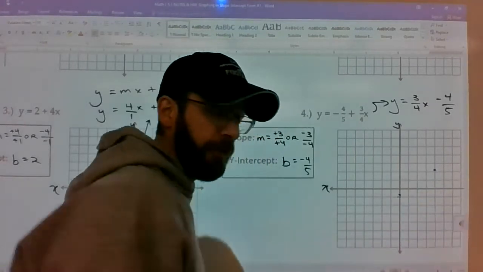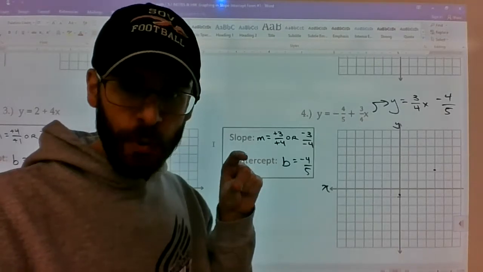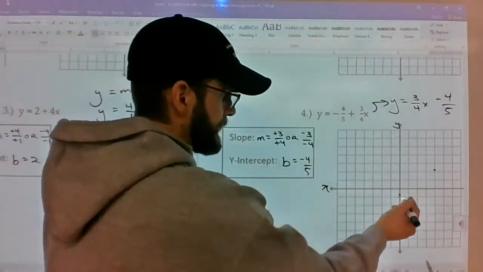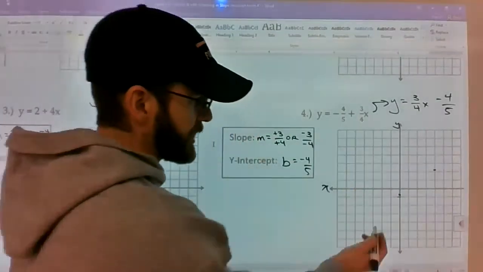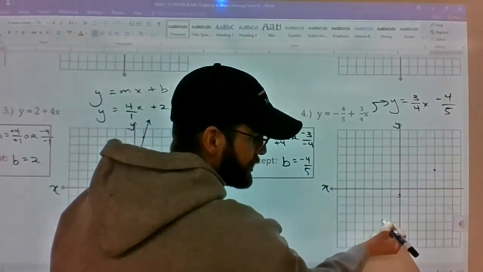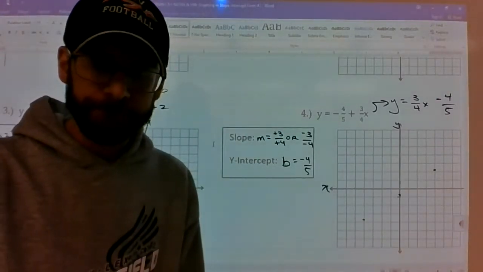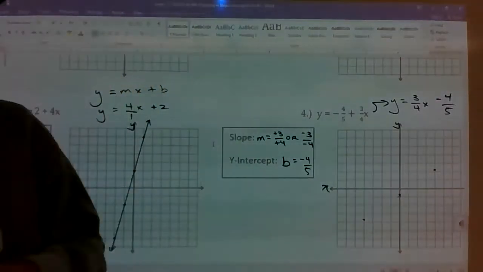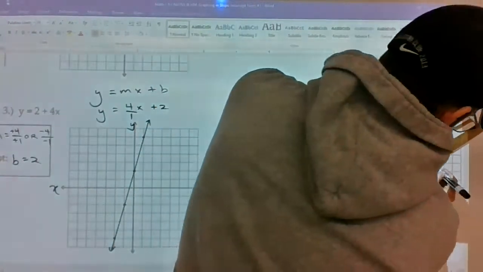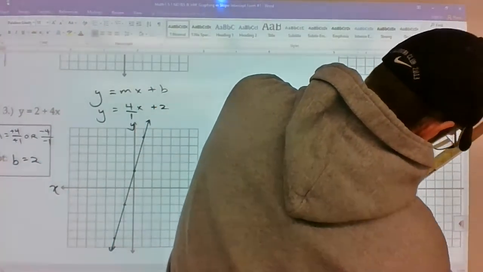So notice I plotted the point at another fractional spot in between grid blocks. And then I'm going to do the same thing in the opposite direction. Down 1, 2, 3, left 1, 2, 3, 4. At this point, I'm going to connect my dots, and I'm done.